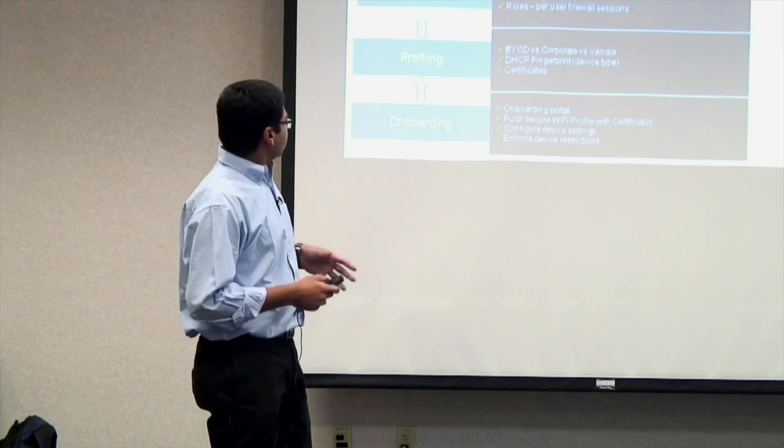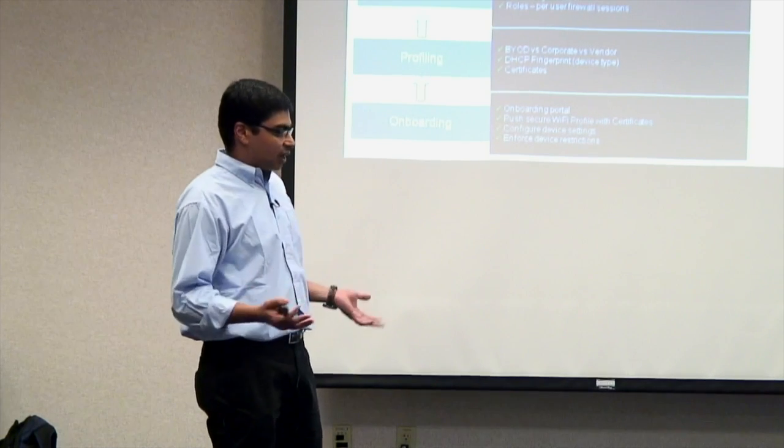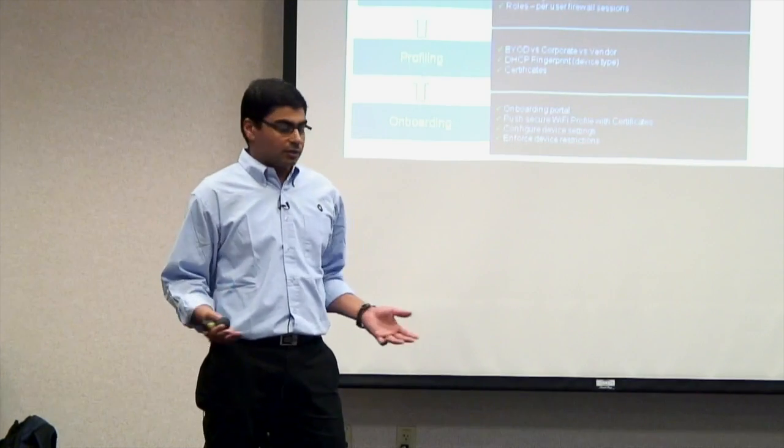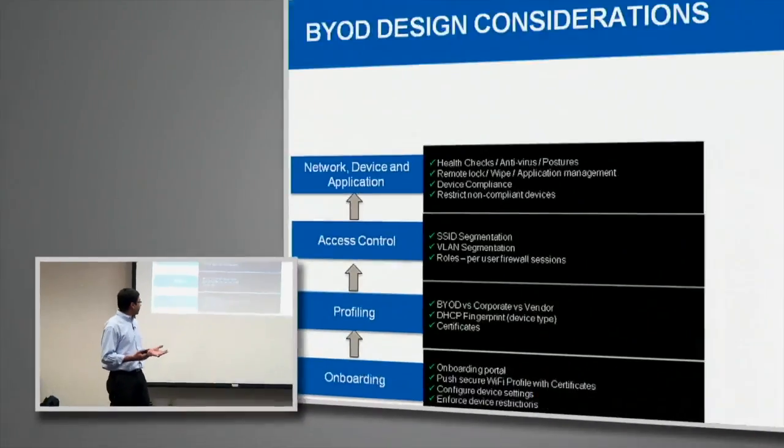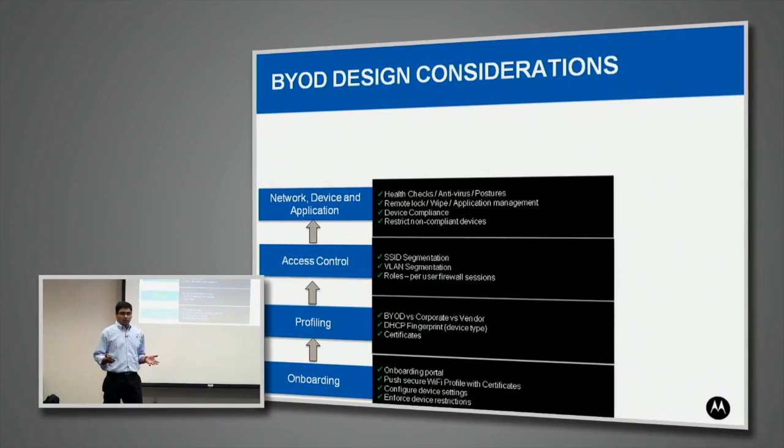Okay, so these three are the fundamentals for any BYOD solution, right? And then depending on the appetite of the customer, you talk about advanced solutions like network access control and MDM, right? Network access control ensures that your device is compliant, with ongoing checks, ensuring the antivirus software running on the device is the latest, right?